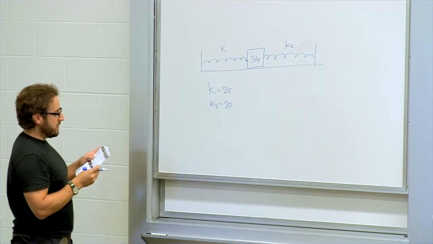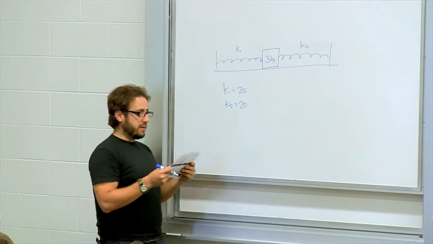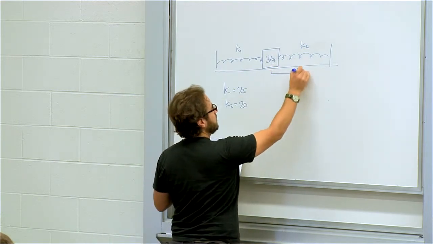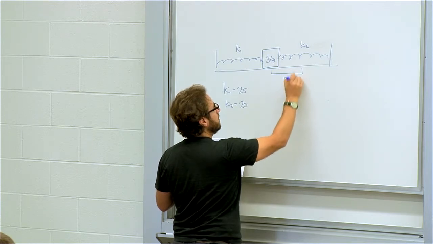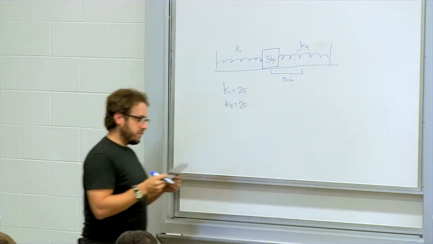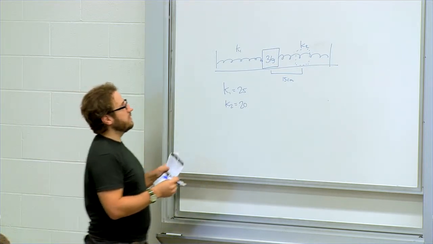The system is initially in equilibrium on a horizontal frictionless surface. The block is now pushed 15 centimeters to the right, displaced and released from rest. What is the maximum speed of the block?